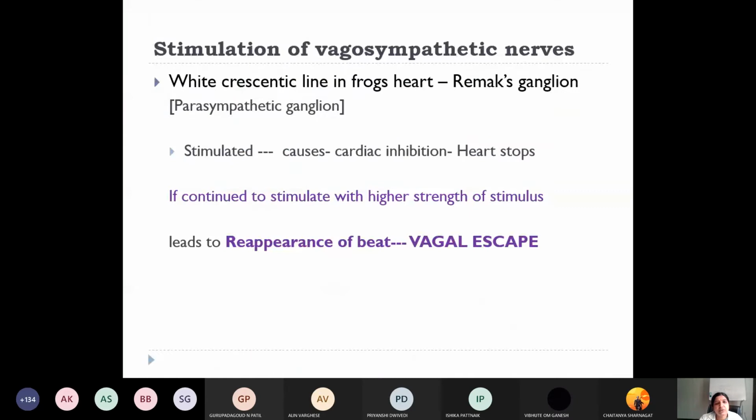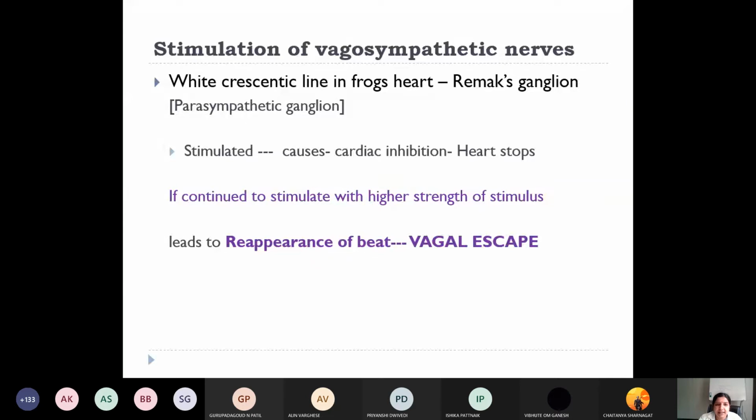So stimulation of the vagosympathetic nerve, I told you it is present in the white crescentic line of the frog's heart. The scientist who discovered this is Remak, so it is called Remak's ganglion, which has both parasympathetic and sympathetic nerves in it, right?